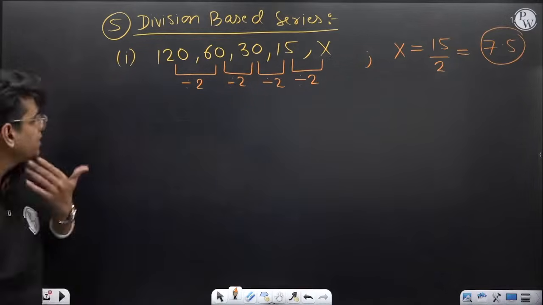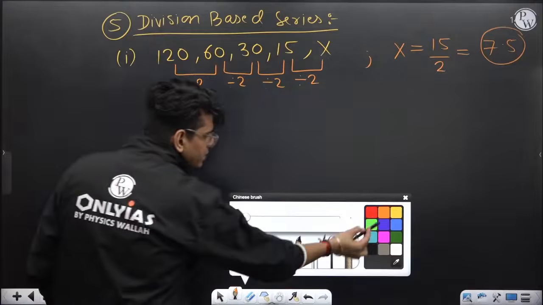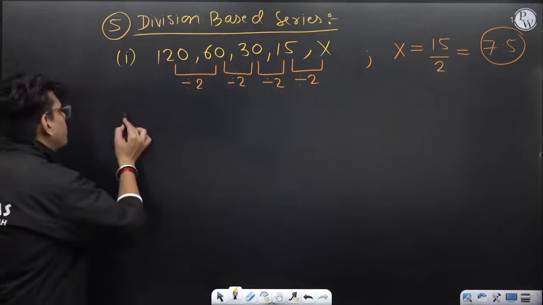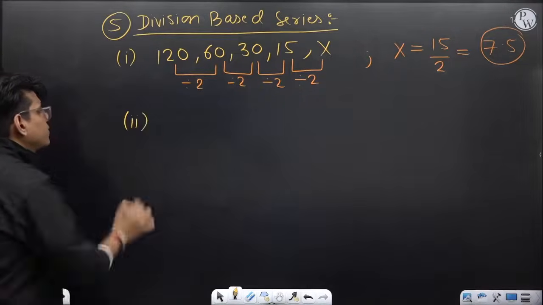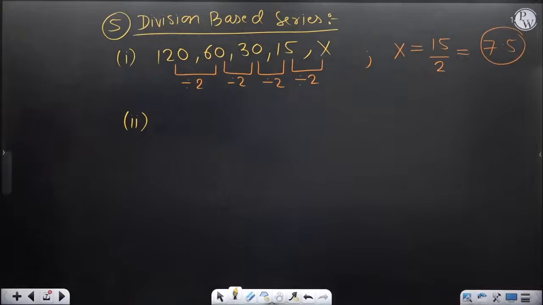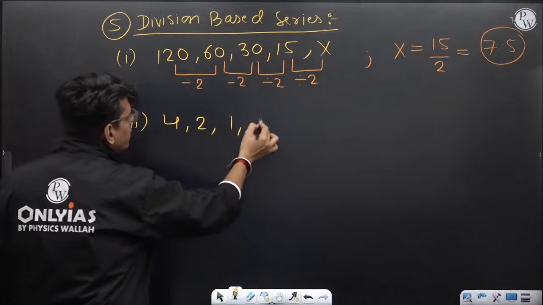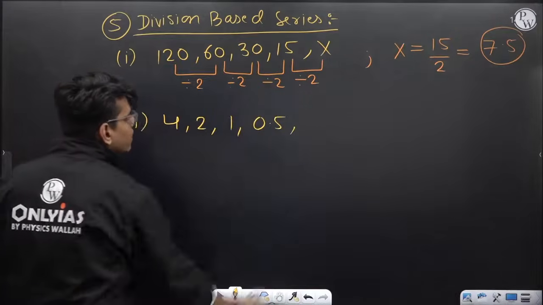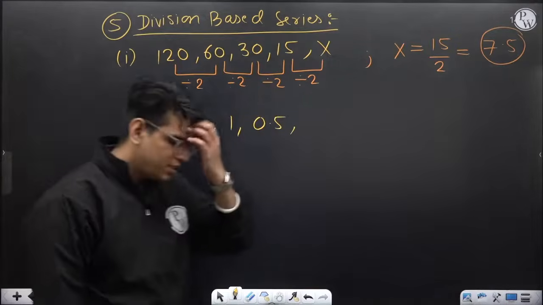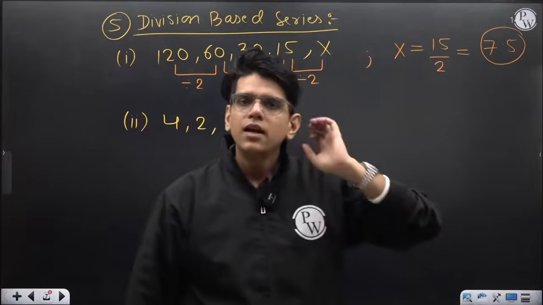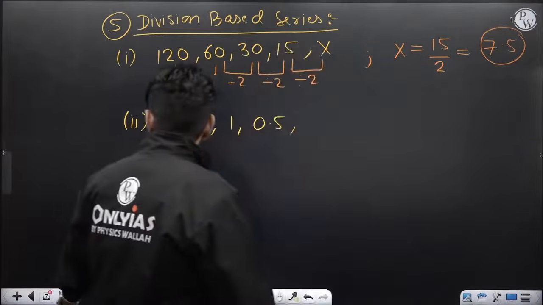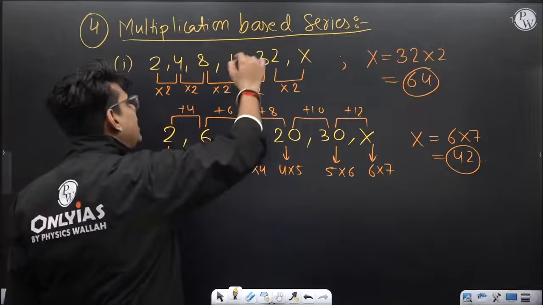Okay. Another series in division can be like this. The terms of the series can be 4, then 2, then 1, then 0.5. How to check if the series is based on multiplication? It is based on multiplication when the terms keep on increasing quickly.